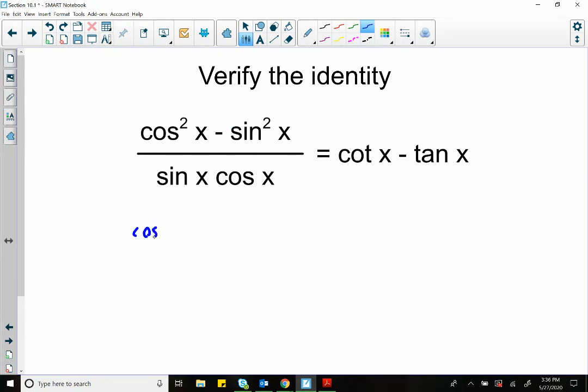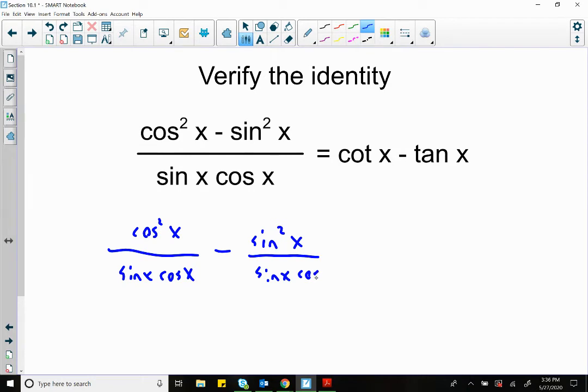We've got cosine squared x all over sine x, cosine x, being subtracted from sine squared x, which is all over sine x, cosine x. Right there. There you go. See, we separated the two fractions. Sometimes it helps to separate your fractions.